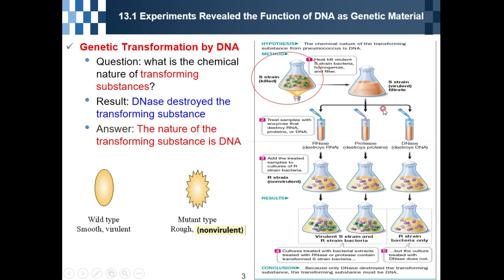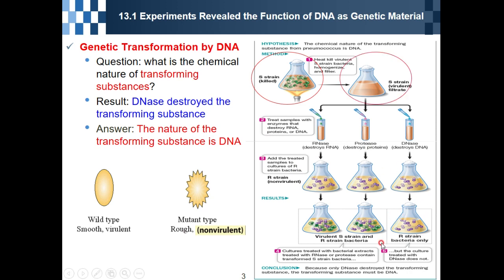After that, the first group was treated with RNase, and the other group was treated with protease. Protease destroys protein, and RNase destroys RNA. The final group had DNase added. The function of DNase is to destroy DNA. After that, they added this to the R strain, which is non-virulent.